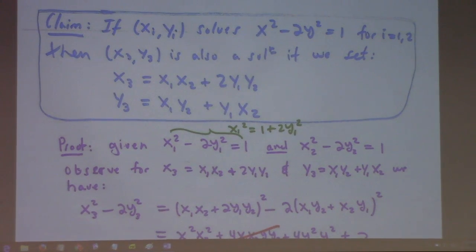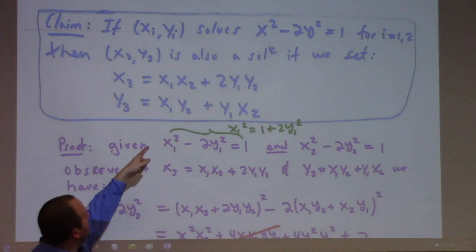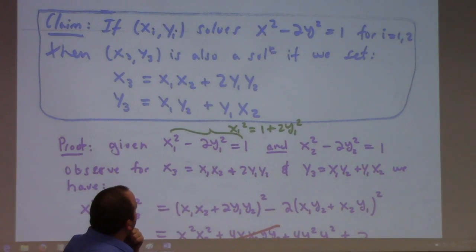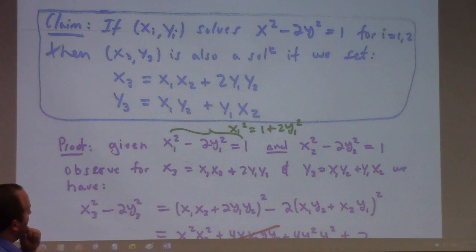So we're claiming that we have x1 squared minus 2 y1 squared equals 1, and x2 squared minus 2 y2 squared equals 1. And then we're using the solutions x1, y1 and x2, y2 to construct a third solution to Pell's equation. The third solution is formed by x1 times x2 plus 2 times y1 y2, and x1 y2 plus y1 x2.